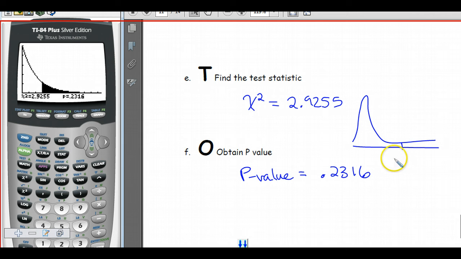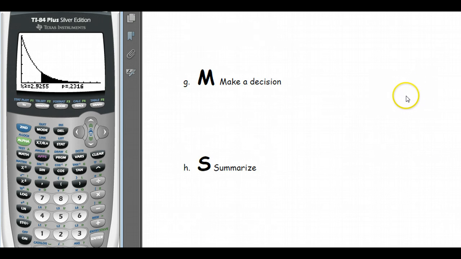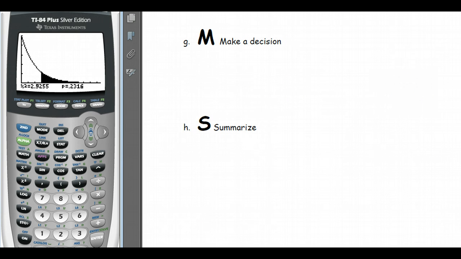So I'm going to say that this is my test statistic, chi-squared equals 2.9255, and this area is 0.2316. Probably could have gone a little bit further because there was a lot of area there. There's a lot of area there, so there's a high chance this would have happened, and not just by chance.